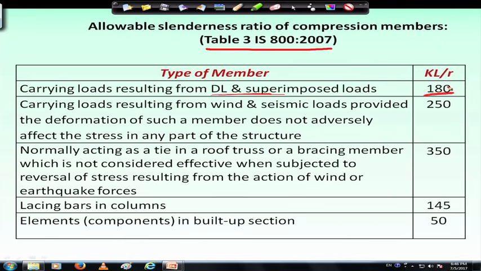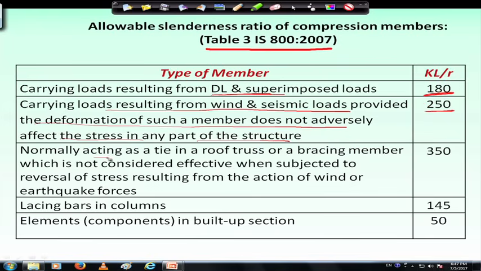That means the effective slenderness ratio KL by r should not become more than 180 in case of dead load and live load or superimposed load. When carrying loads resulting from wind and seismic loads, provided the deformation of such a member does not adversely affect the stress in any part of the structure, we can increase it up to 250. So, the allowable slenderness ratio is 250 for such cases.